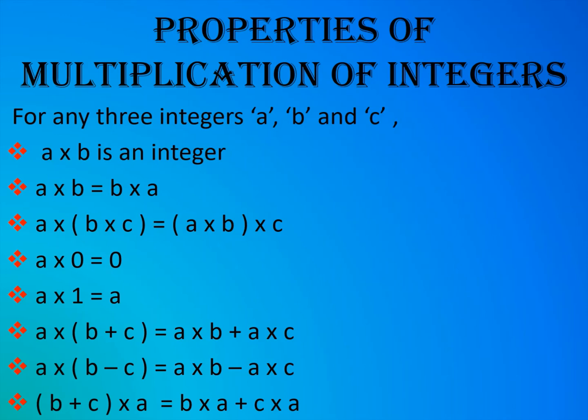A multiplied by (b minus c) is equal to a multiplied by b minus a multiplied by c. Then the last property says (b plus c) multiplied by a is equal to b multiplied by a plus c multiplied by a.